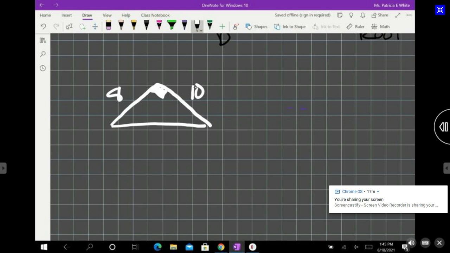We put the biggest number first. So on this one, should I add or subtract? Add, right? So I have to do 8 squared plus 10 squared equals C squared.